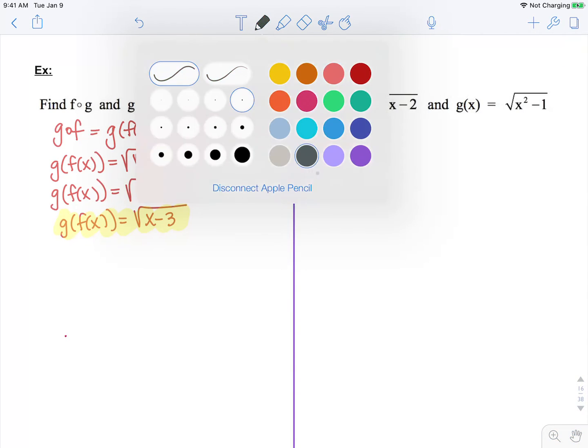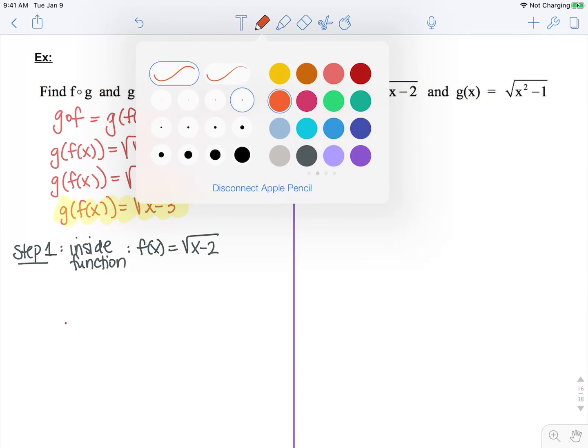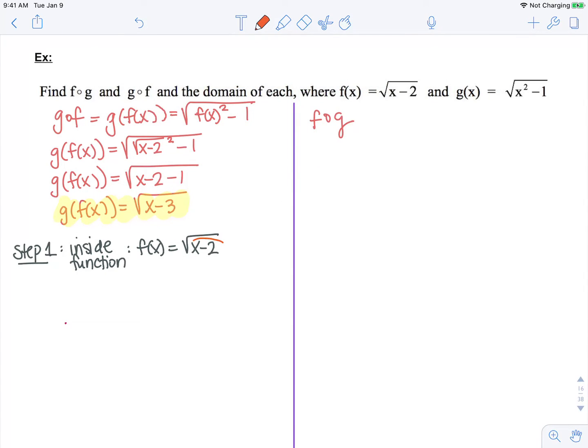Now we need to find the domain. So step 1. Our inside function is f of x equals square root of x minus 2. For its domain, we know what's inside of this square root must be non-negative in order to get a real number.